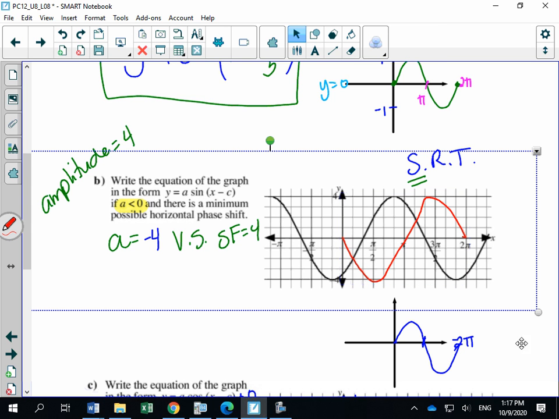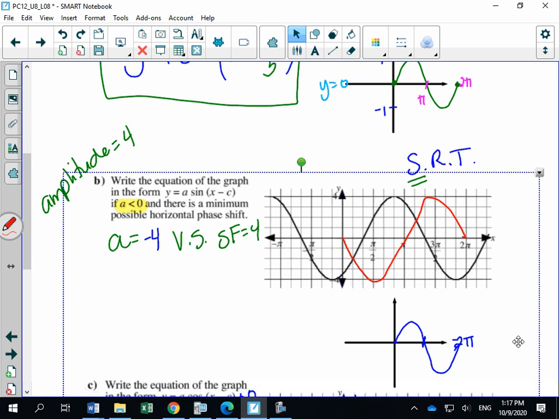So after my reflection, the minimum phase shift, and remember for a sine graph, you always go from the midline. So the midline's at 0. Each box we said was pi over 6. So 1 pi over 6, 2 pi over 6, 3 pi over 6, 4 pi over 6 is how I would count to get to there. So I would count up 4 boxes.